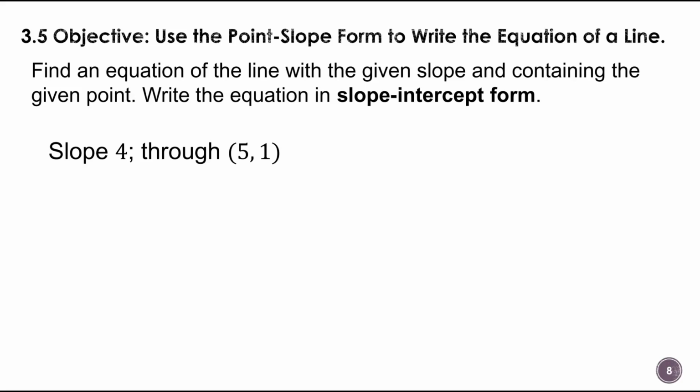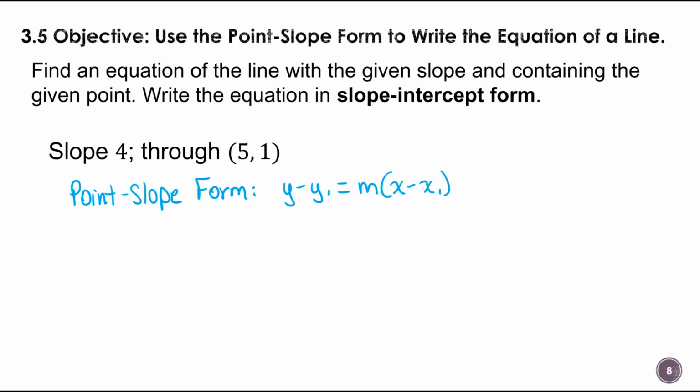It's a formula, right? Point slope form is y minus y sub 1 equals m parentheses x minus x sub 1. If you leave off the parenthesis, your equation won't be right.